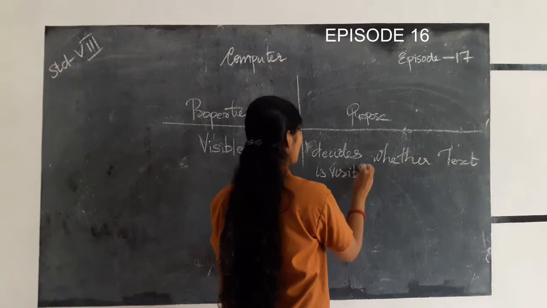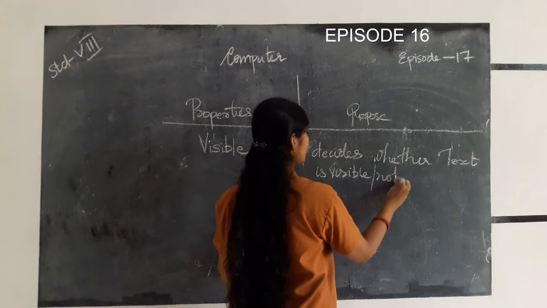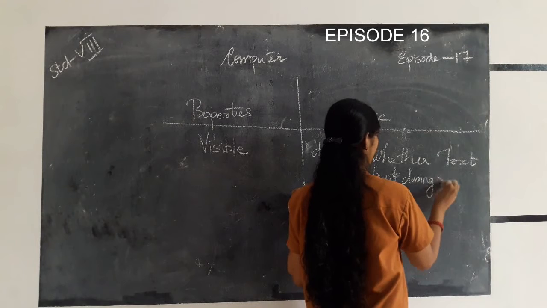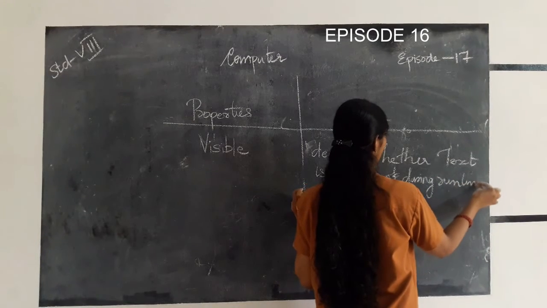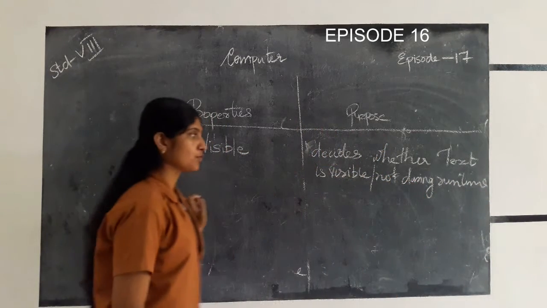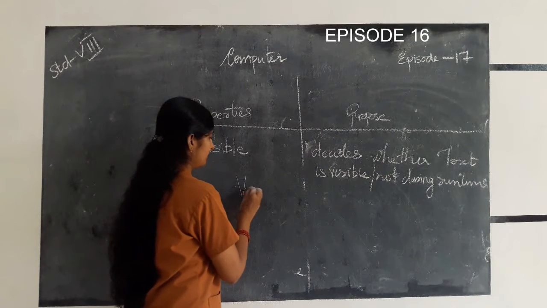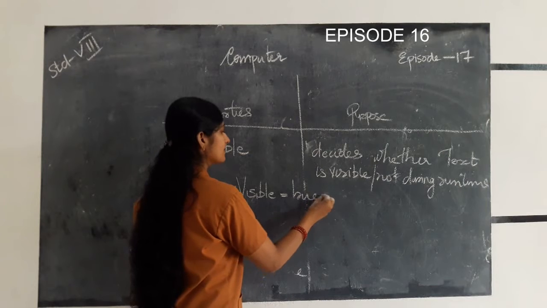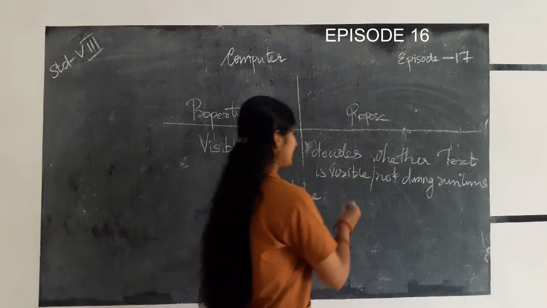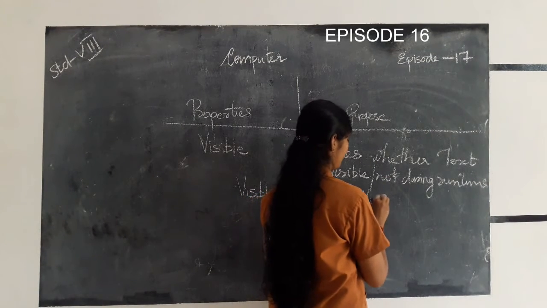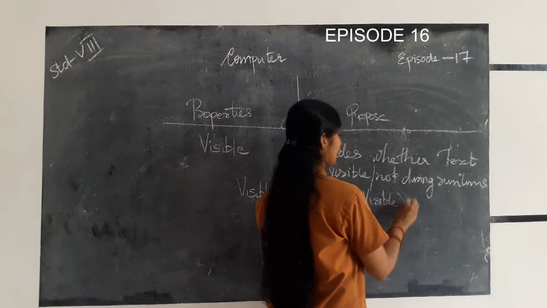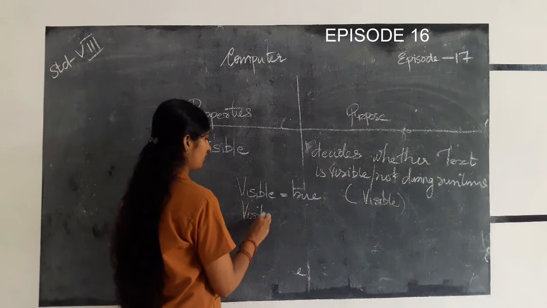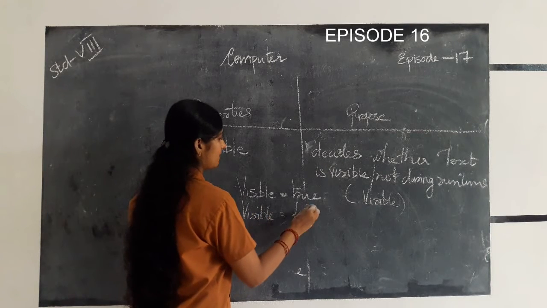If visible is equal to true, that means the text box will be visible. Then, if visible is set to false, that means invisible.